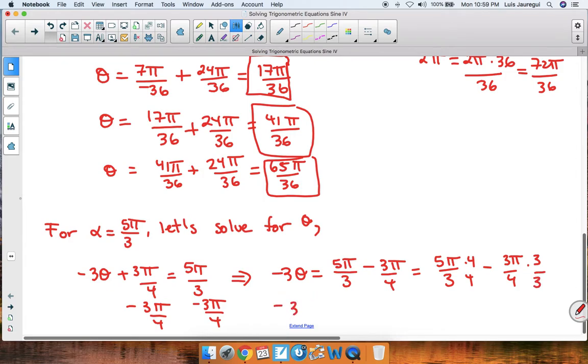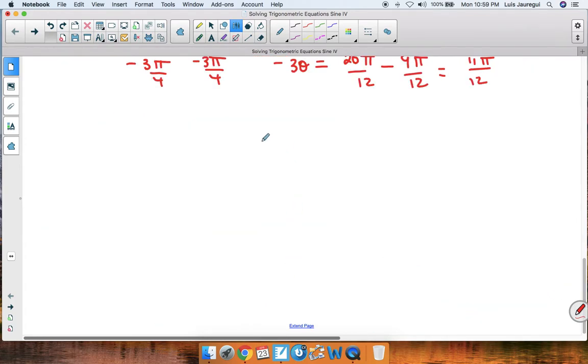So we get that negative 3 theta is equal to 5 times 4 becomes 20, you still have the pi in there, over 12, minus 3 times 3 is 9, you still have the pi in there, over 12. So this is equal to 11 pi over 12, I'm sorry. Now with that in mind, we have that negative 3 theta is equal to 11 pi over 12. Now let's divide by negative 3 on both sides. So that leads you to have theta is equal to 11 pi over negative 36.